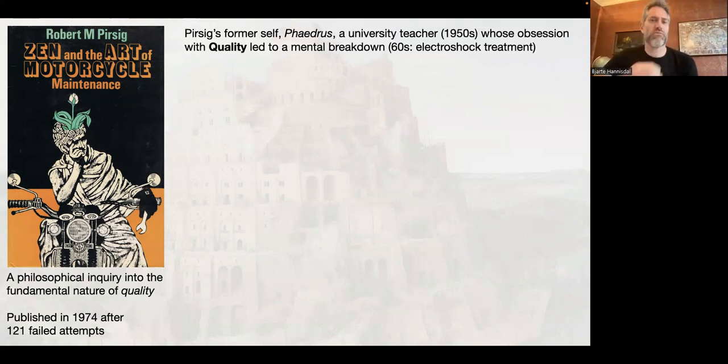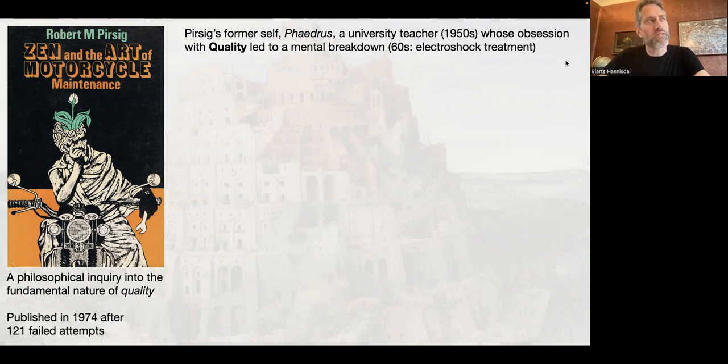In this book, we meet the author's former self, which goes under the name of Phaedrus. He was a university teacher in the 1950s or thereabouts, and he was obsessed with the concept of quality, trying to sort of pinpoint what it is.